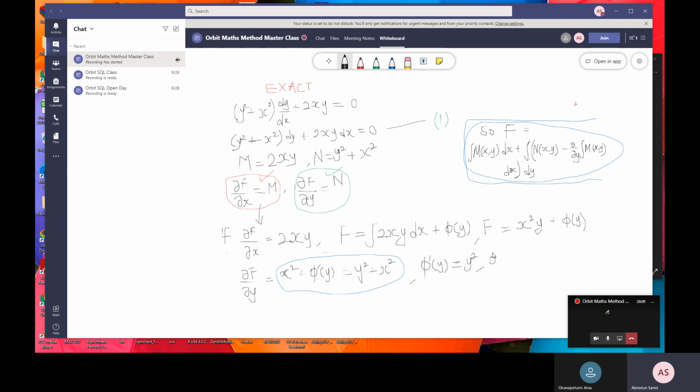Phi of y is going to be the integral with respect to y of y squared, and that will be equal to, sorry, what am I saying, y cubed over 3, right?